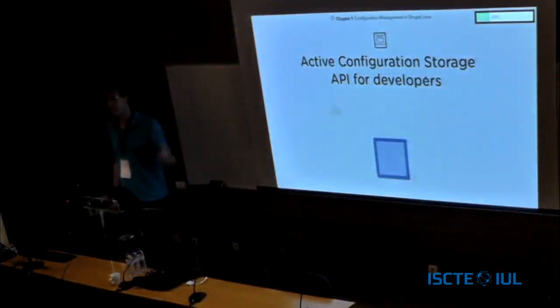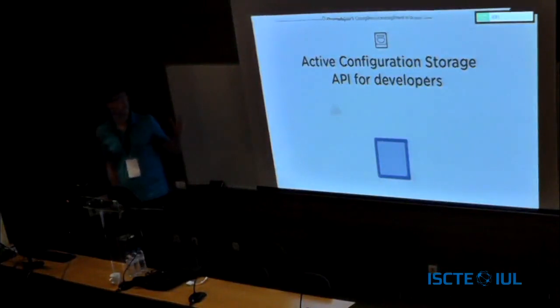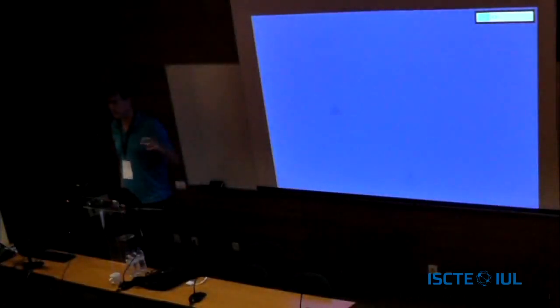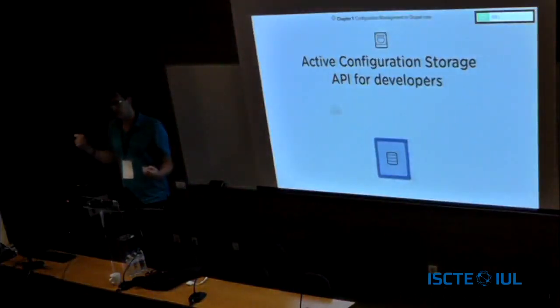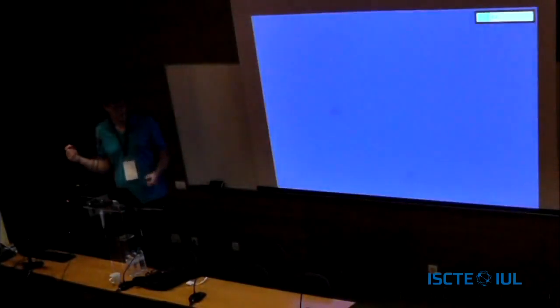So the configuration management in Drupal core, there's an active configuration storage, and it is in the database, and you can read the configuration from it, and on the other hand, access the configuration for writing it.